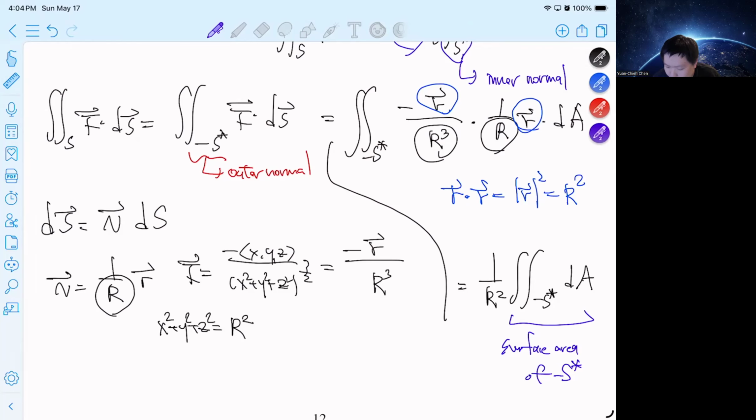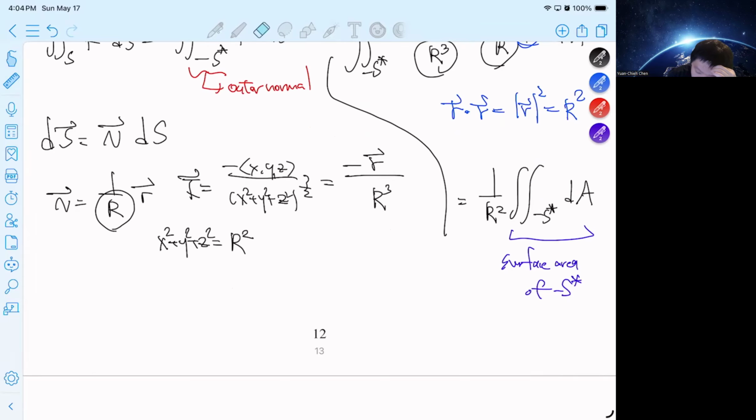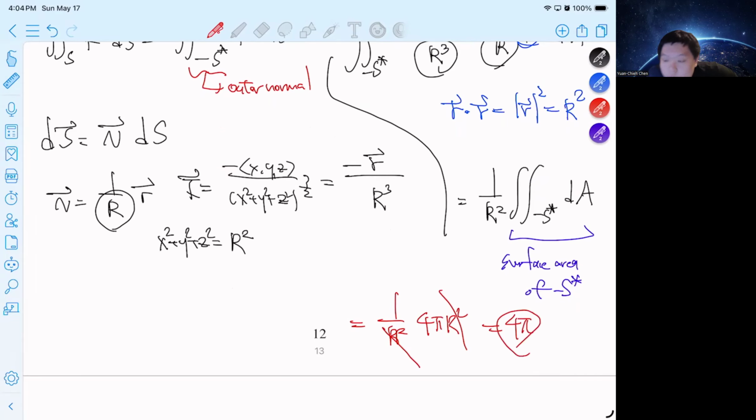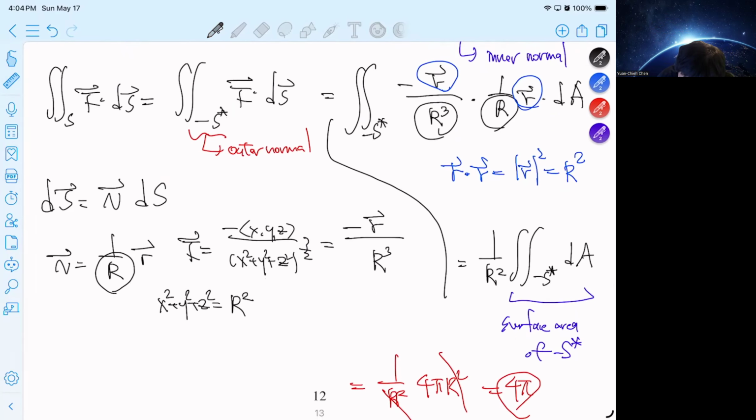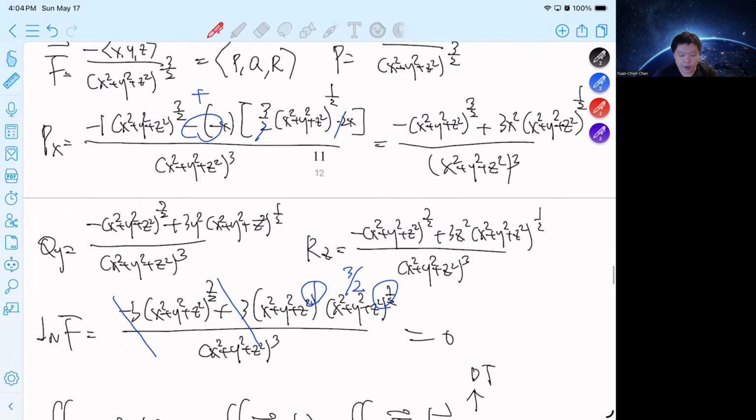If you remember, the surface area of the sphere is 4 pi r squared. So finally, this answer will be 1 over r squared times 4 pi r squared, and the r squared goes away. So it'll be 4 pi. Oh, sorry, negative 4 pi, since we have a negative sign outside. So that's the really important example.